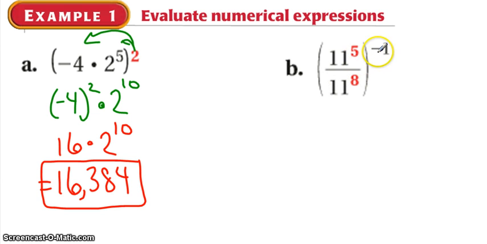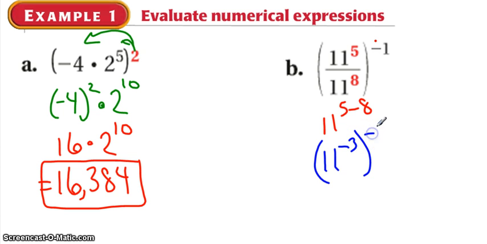All right, take a look over here. This one you could do a couple ways. You can notice that they have the same base, so you can go ahead and subtract. Remember that you will subtract 5 minus 8. It has to be the top minus the bottom. When you subtract, you get negative 3.